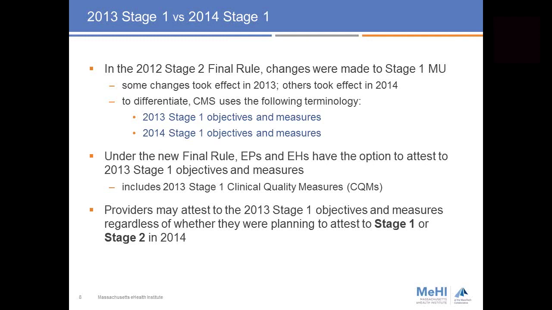So the key here is you can, in fact, attest to the 2013 Stage 1 objectives and measures if you have the old version, the 2011 edition. And providers who are allowed to attest using the 2013 standards, it doesn't matter what you were going to attest to this year, whether it be Stage 1 or Stage 2.